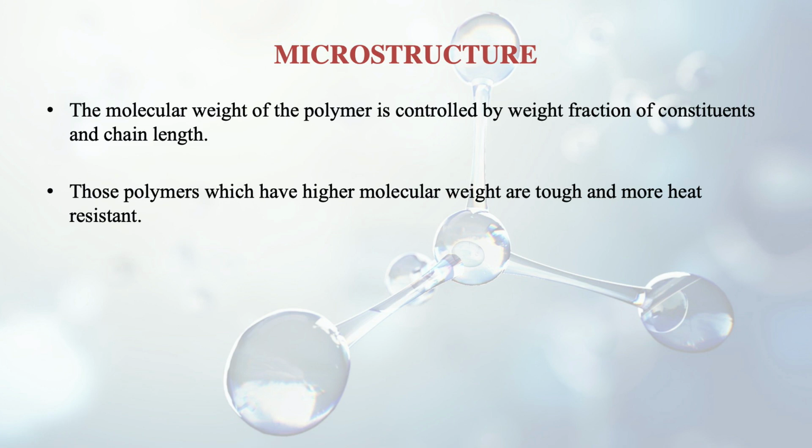So these are the two factors which control the molecular weight of the polymer. One is the fraction of the constituents and the other is the chain length. So those polymers which have higher molecular weight will be tough and will be more heat resistant. So they will be better if they have more molecular weight. Low density polymers will be soft and gummy. They will be like gum, they can stick.